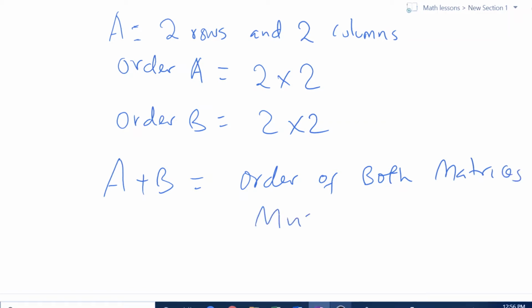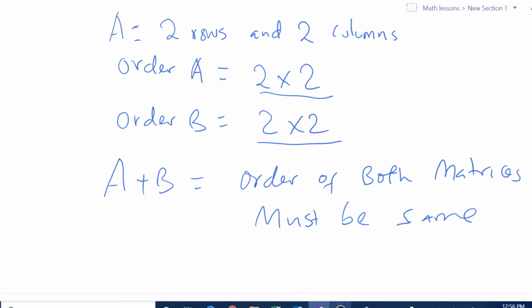If one is 2 by 2, the other one must also be 2 by 2. Then you can add the two matrices together.